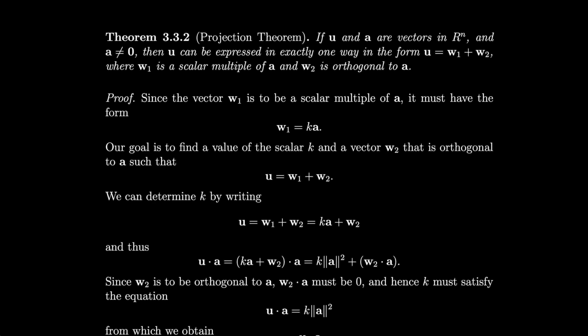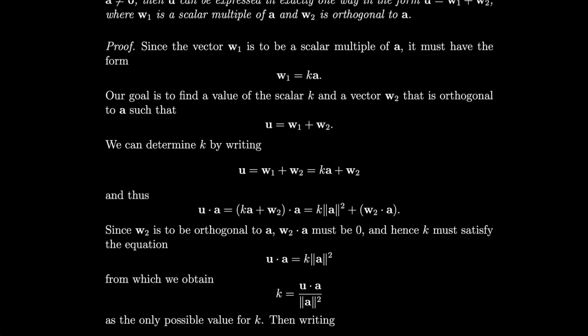So therefore, k has to satisfy the equation u dot a equals k times the length of a squared. Okay, so from there, we can divide both sides by the length of a squared, and we'll get that k is equal to u dot a over the length of a squared as the only possible value for k.